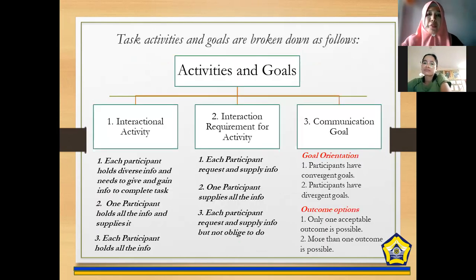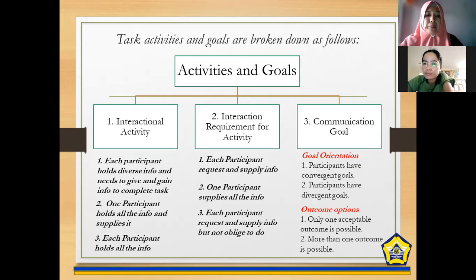Okay, we continue to task activities and goals, which are broken down as follows. We can see in that picture, activities and goals are divided into 3 parts: interactional activity, interactional requirement for activity, and communication goals. In interactional activity, each participant holds part of the info and needs to give and gain info to complete tasks.